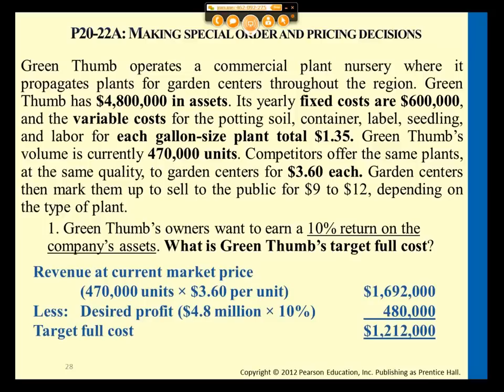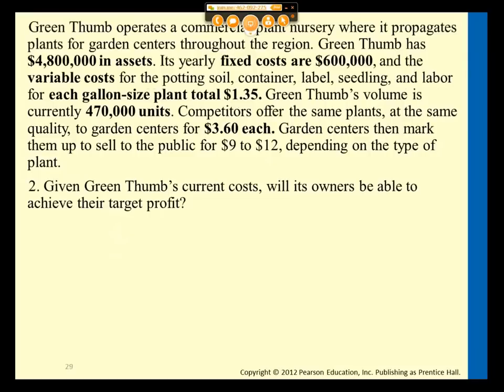Desired profit is our 10% return on the company assets. What are my assets? 4,800,000. So the profit is 480,000. My target full cost is a subtraction of one from the other, and we get 1,212,000. Second one, try that.